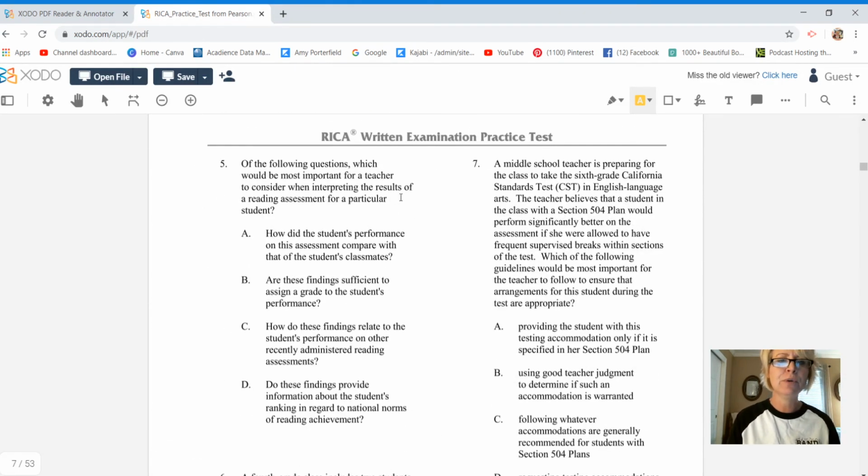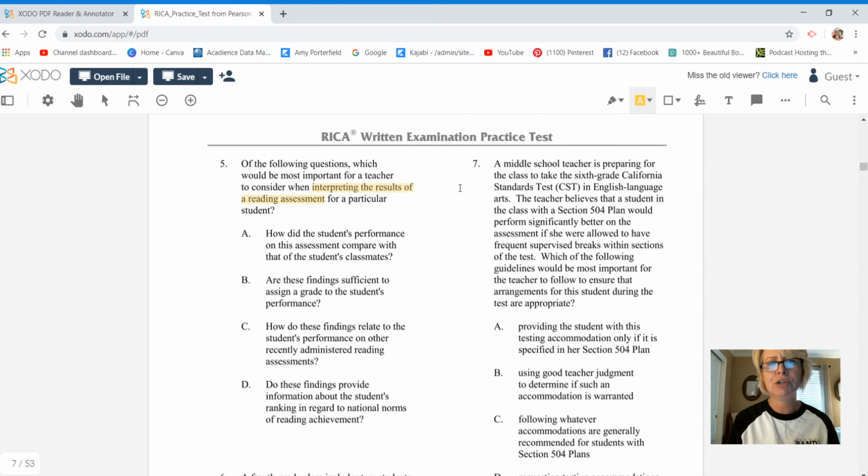5. Of the following questions, which would be most important for a teacher to consider when interpreting the results of a reading assessment? So we're talking about clearly a Domain 1 question, interpreting the results of a reading assessment. Now, notice that we don't know what kind of assessment this is.